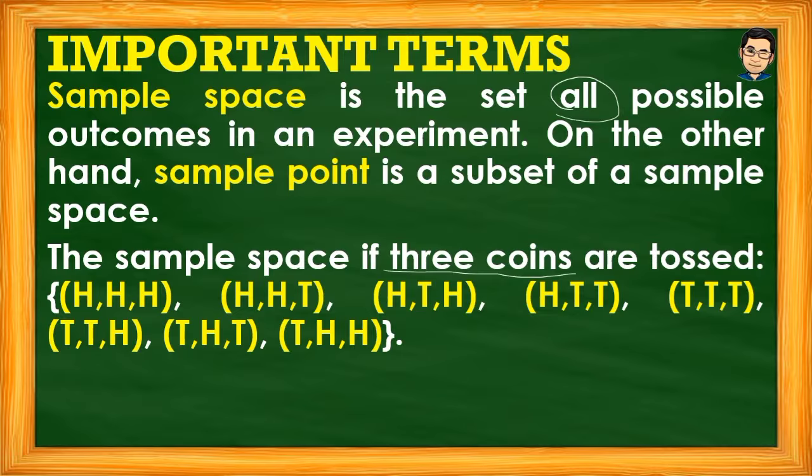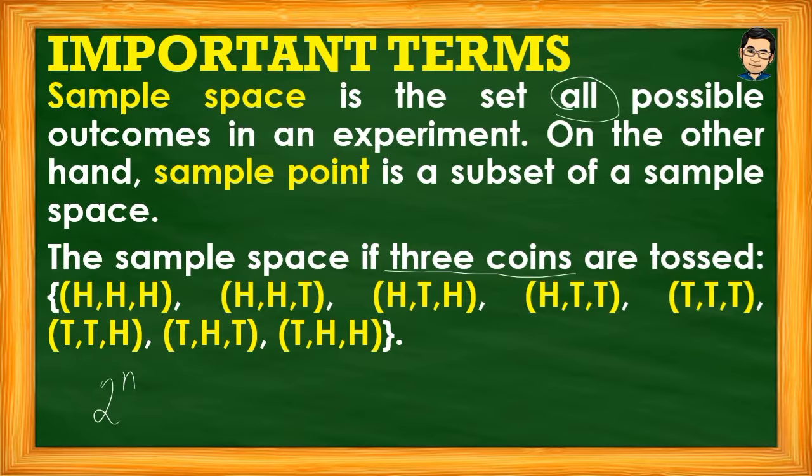Okay, so we'll use the formula 2 raised to n. Okay, so 2, ito po yung sample space ng coin. So, kasi di ba head or tail lang siya. Dalawa lang yon. So, n, ito yung bilang ng coins. Okay, so kung ilang beses mo tinapon, halimbawa kung ilang beses mo tinapon yung coin.